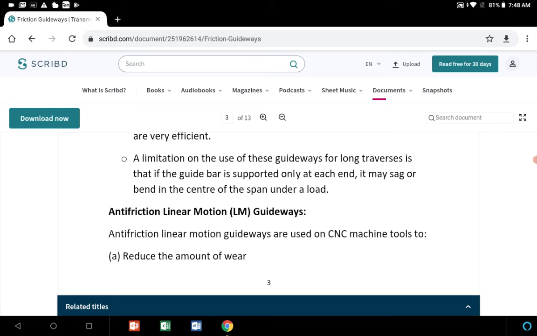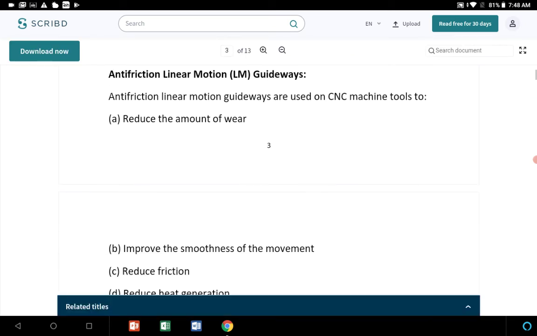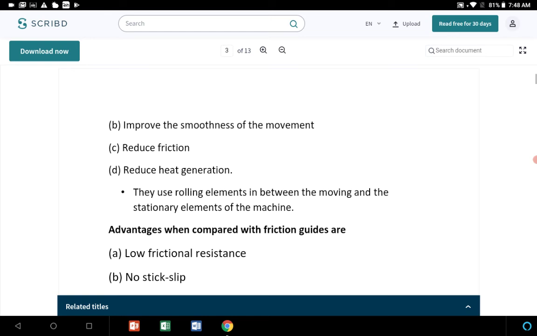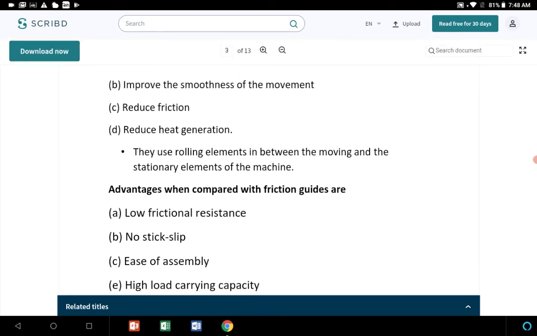Additionally, they are utilized so as to reduce wear and tear and give smooth movement, friction reduction, and reduced heat generation. The advantages are a little improved compared to friction.